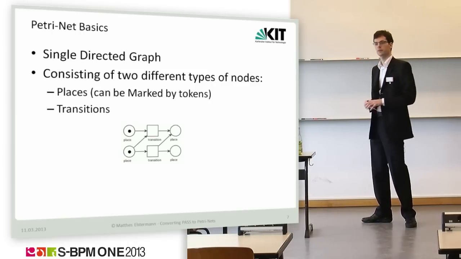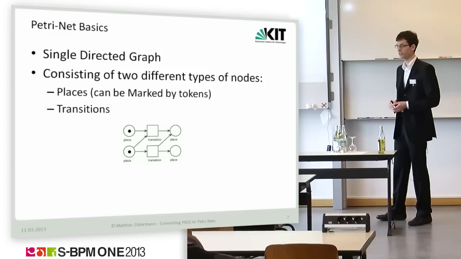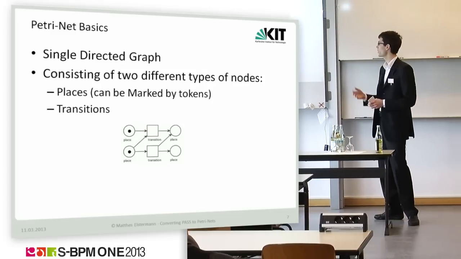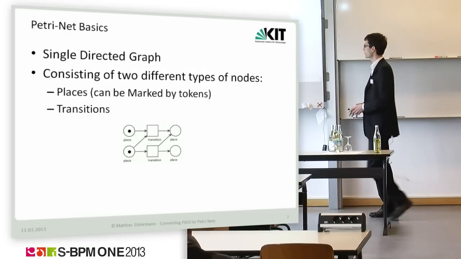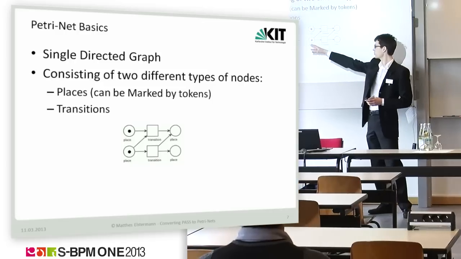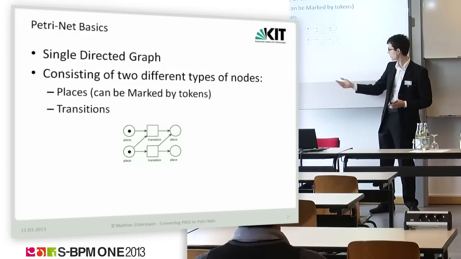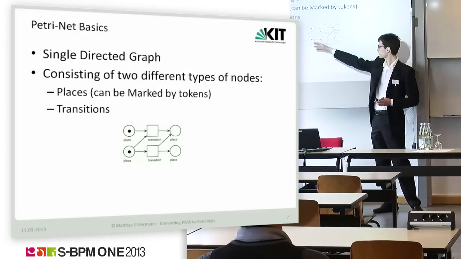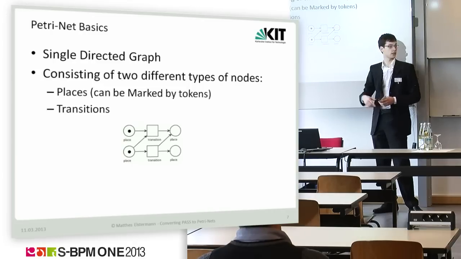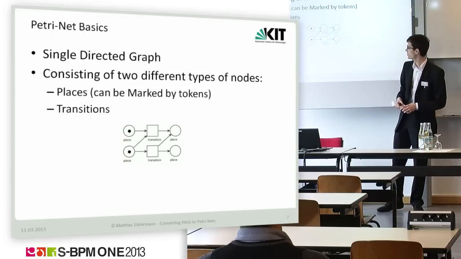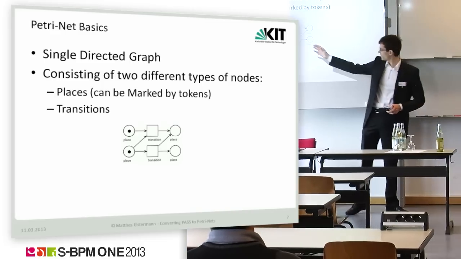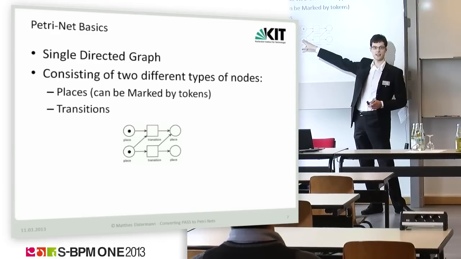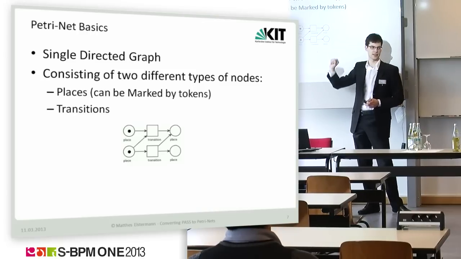Petri-Nets, as some of the audience gave the impression, you're not so familiar with. It's a bipartite graph, a graph made up of two different kinds of nodes. The round ones are places. The rectangular ones are so-called transitions, and there are directed arcs connecting them. You can mark places, and then you can fire transitions, as it's called.